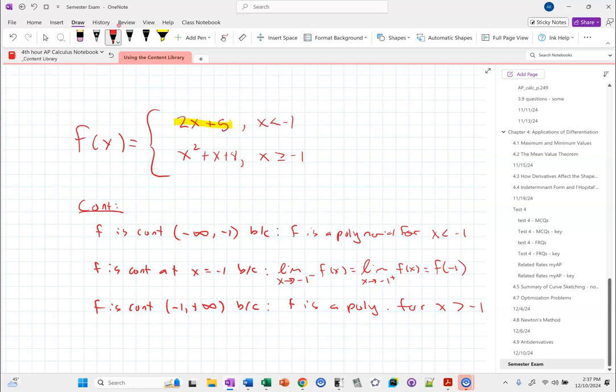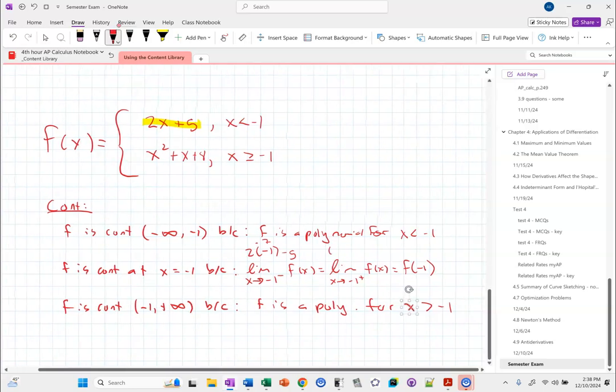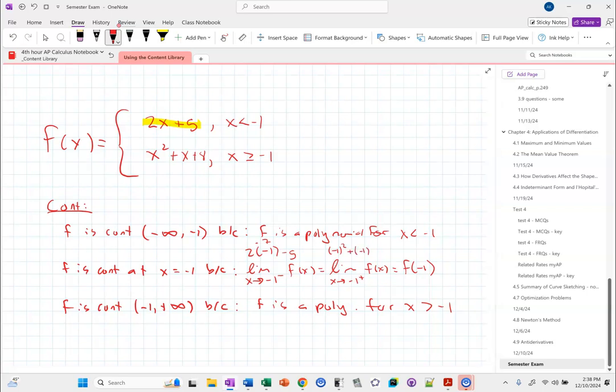So the left-hand limit is just going to be that, so I get negative 7. The right-hand limit, I think I screwed this up, but that's okay, I get 8.